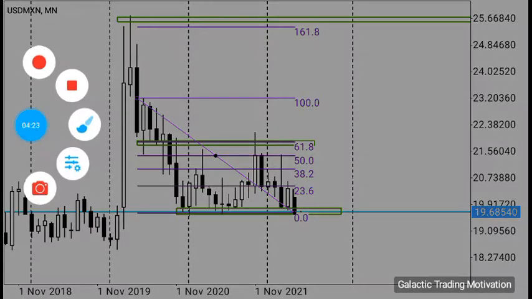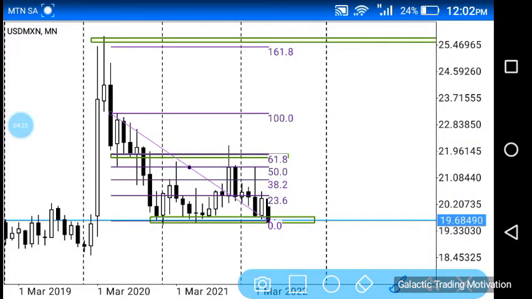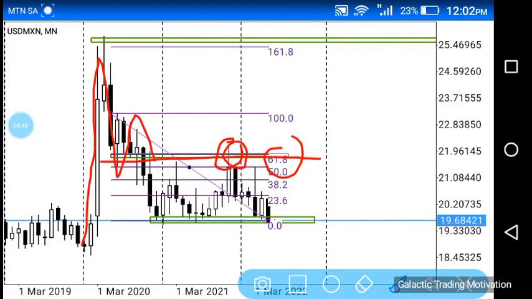Can you guys see that the neckline of this overextended M formation is in line with the 61.8% Fibonacci retracement zone? So we would have looked for selling opportunities in this region, and had you sold at this region, good for you. Your take profit would have been at around this region over here.